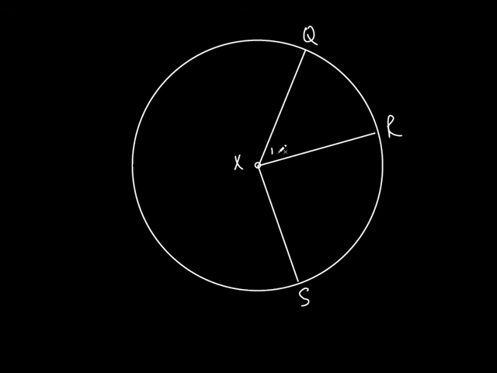Watch, we'll call that angle 1, we'll call that angle 2. So angle 1 plus angle 2, and don't say angle 3, would equal what? Angle QXS.